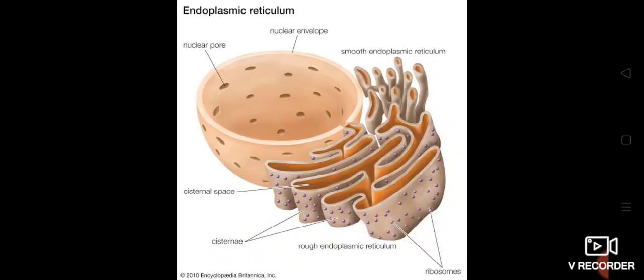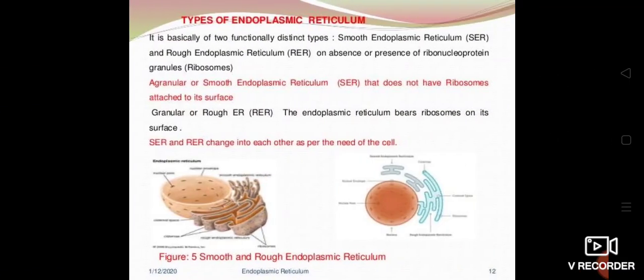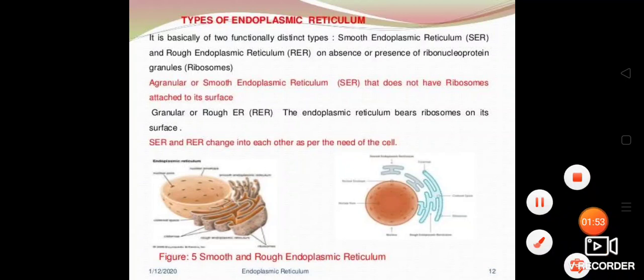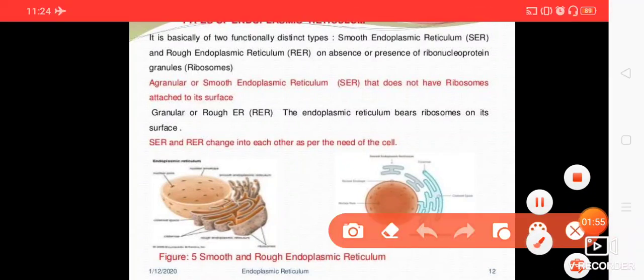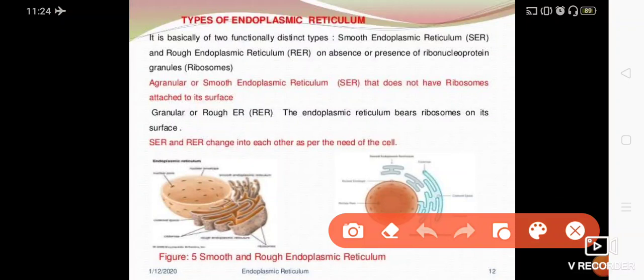The two types depend upon whether they have ribosomes or not. Ribosomes are the cell organelles which help in the synthesis of the proteins. So either the ribosomes are present or absent.